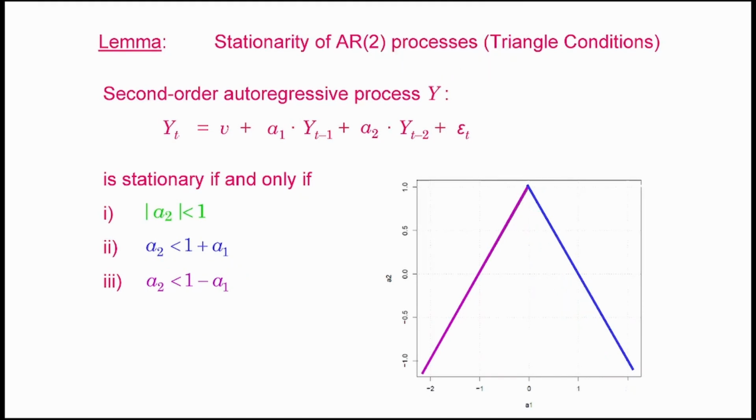If you also use the green condition, which I'm also adding here, then this is the lower bound here, so that means here you have -1, all right? And then of course, if the absolute value of a2 is less than 1, then you are between these two, so actually you are within that frame.